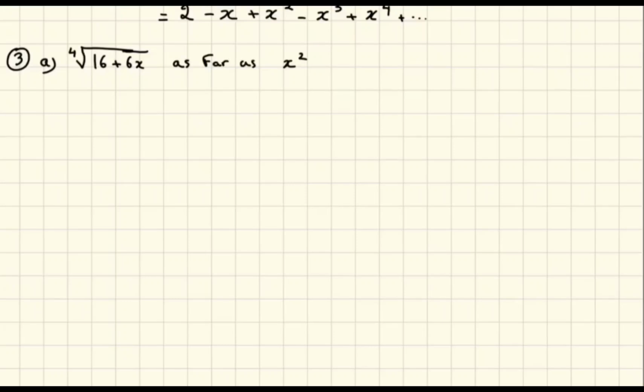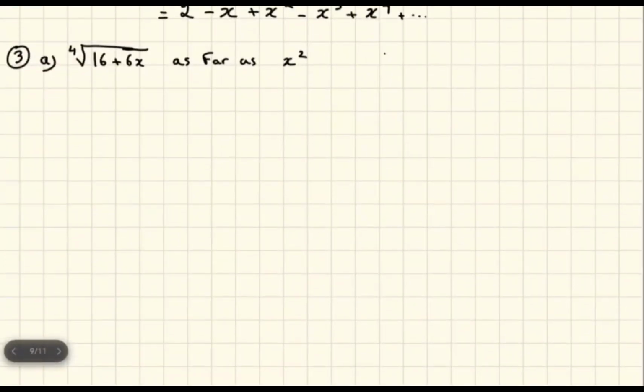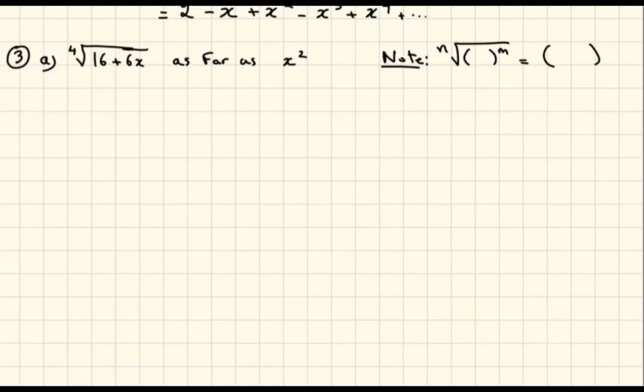Now, before we start with this question, you need to remember as a note that whenever we have nth root of anything exponent m, this can be written as the factor exponent m divided by n. The one inside, we divided by the index of the root.